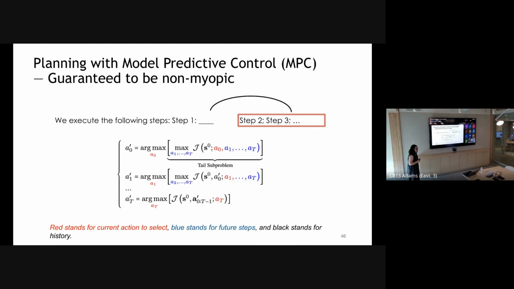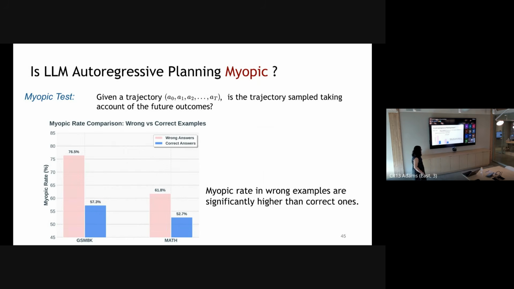Can I ask a question? Yeah. I'm trying to understand why, if you go back a slide, in a correct trajectory you're getting myopicism. How does the trajectory end up being correct if it's myopic?